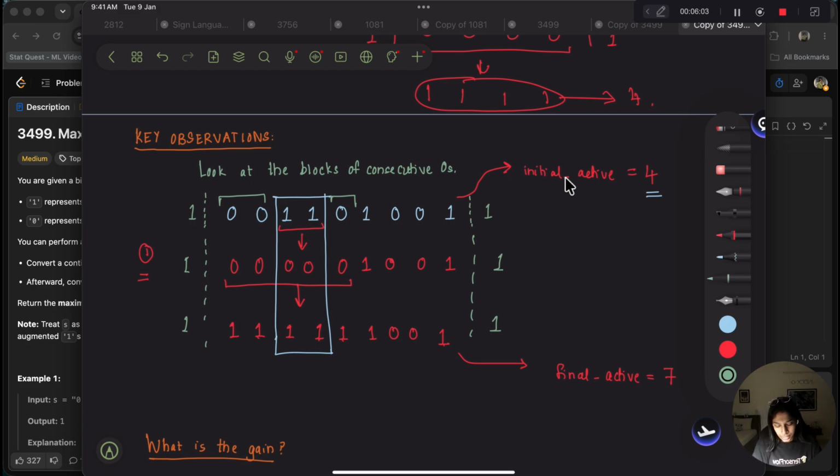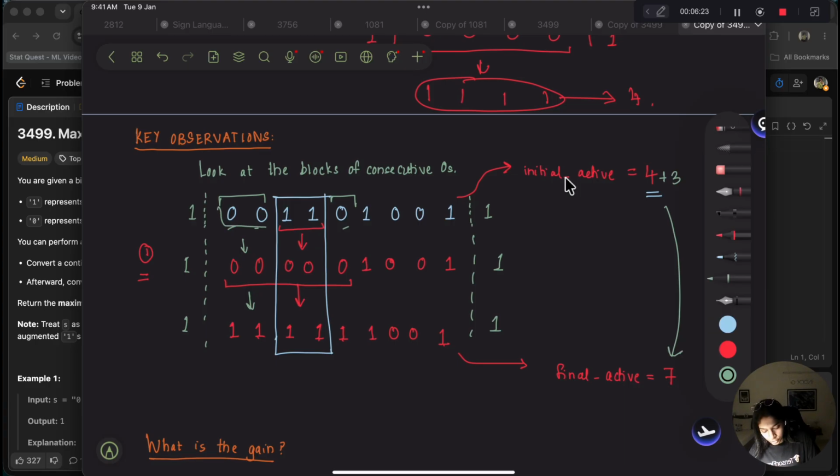If I look at that, there's 1 0, 1 0, 1 0, which is 3 zeros. And I saw that I already had 4 ones. And these 3 zeros eventually converted to ones, right? So if I do 4 plus 3, what does that give me? It gives me 7.